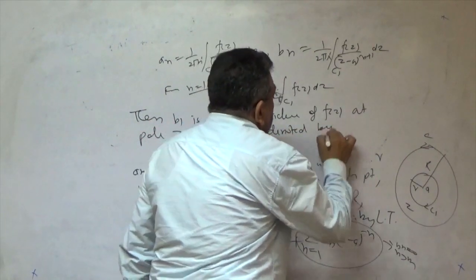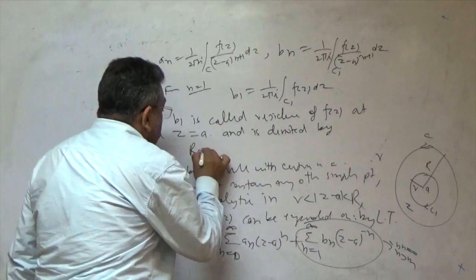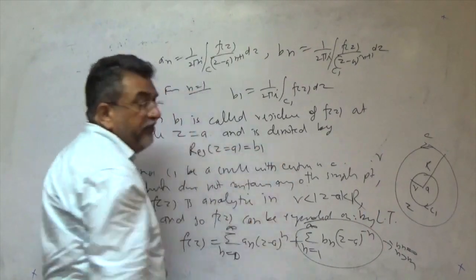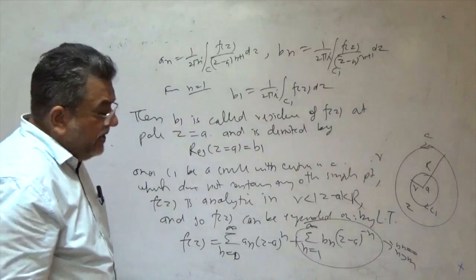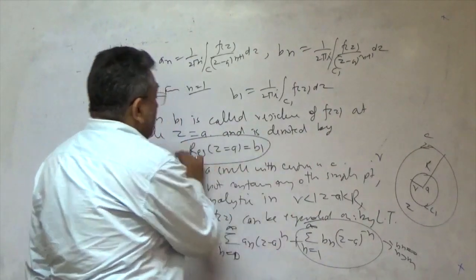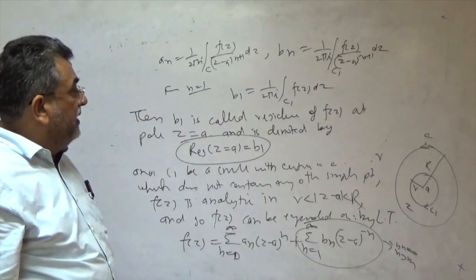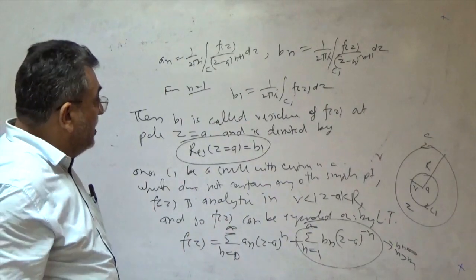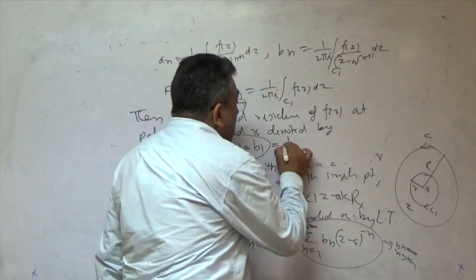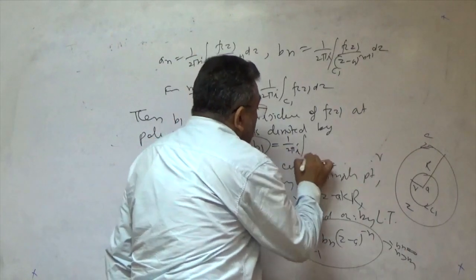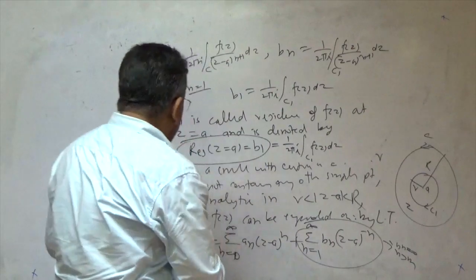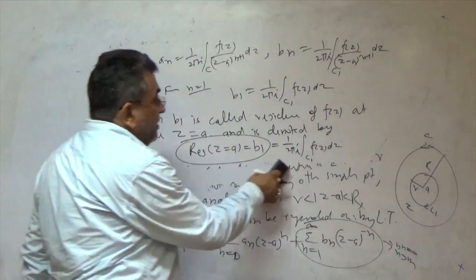This is the basic definition. Actually, this coefficient in the principal part of Laurent's theorem is called the residue, and naturally it is 1 upon 2 pi i times the integral over C1 of f(z) dz.